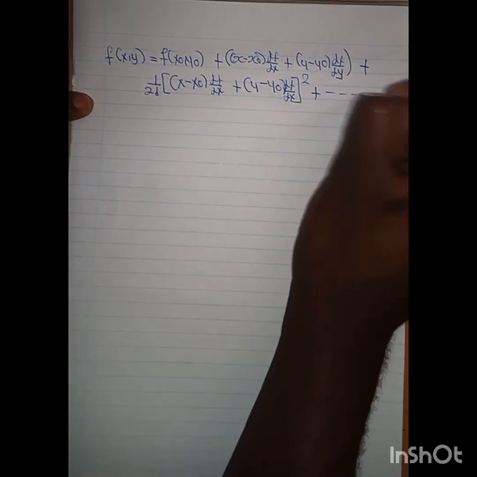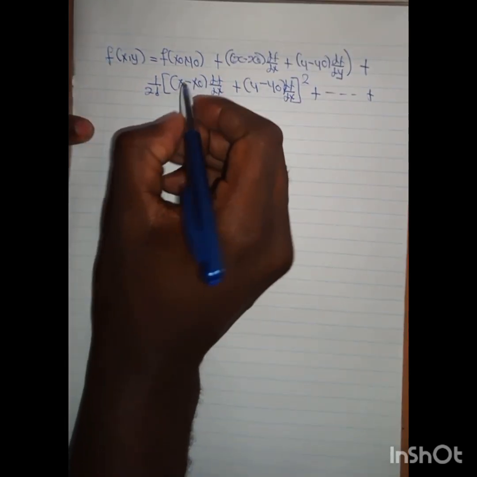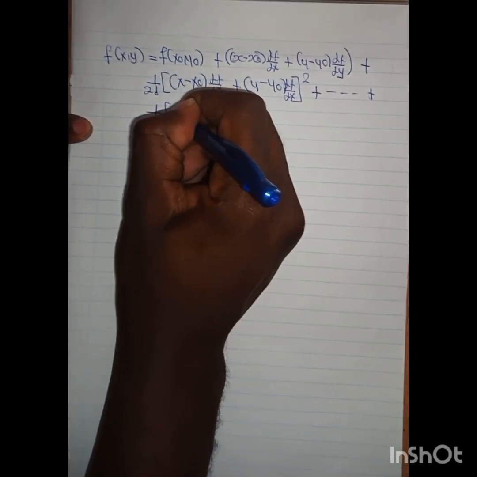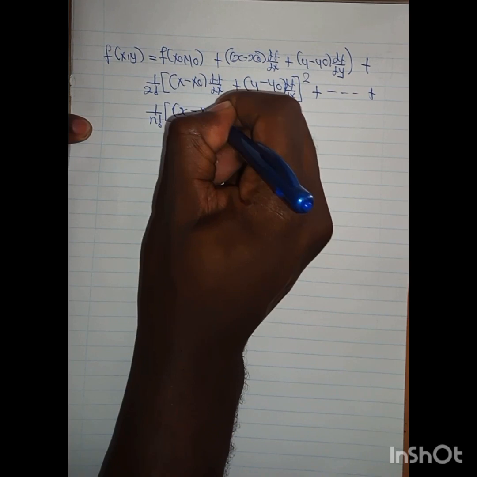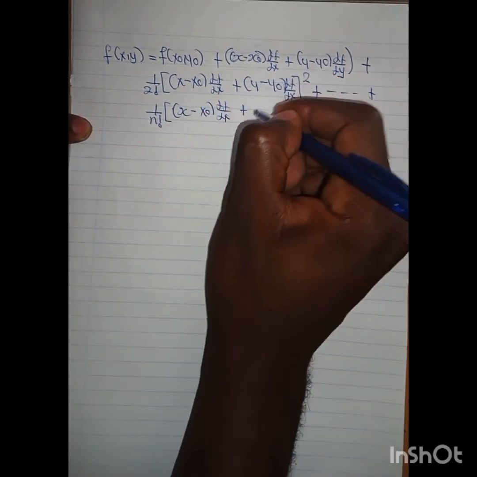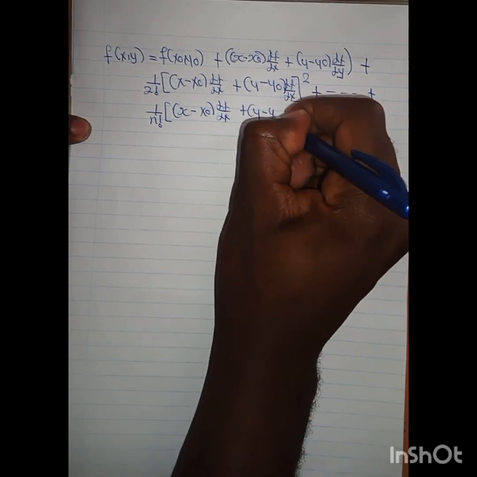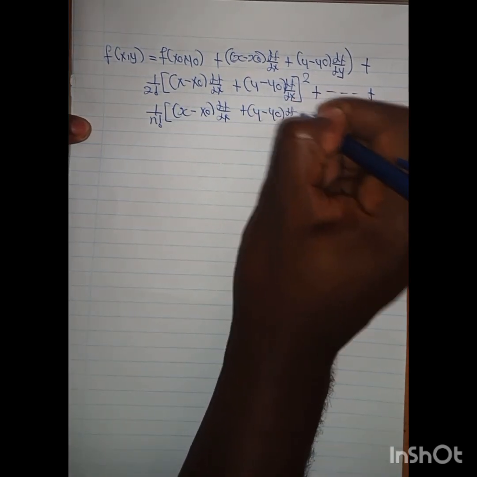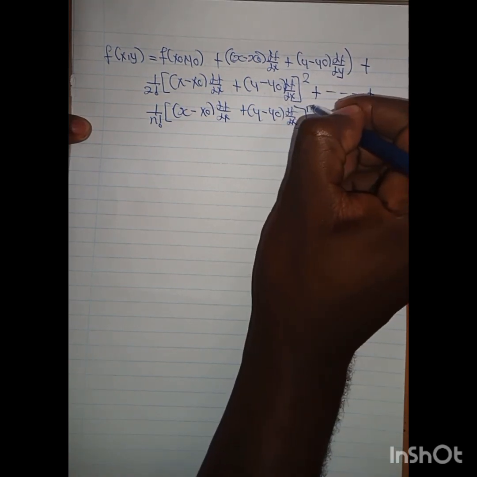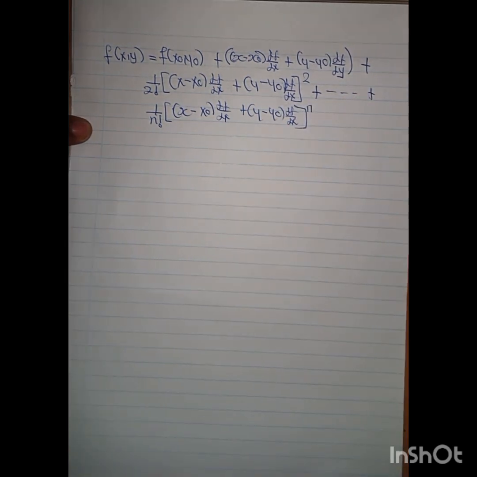Then this formula can run up to 1 over n factorial x minus x naught df dx plus y minus y naught df dx, all this up to n.